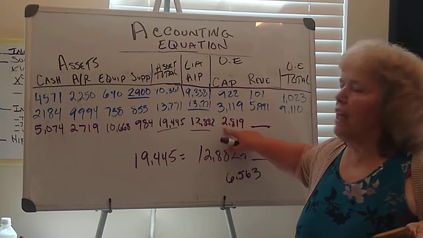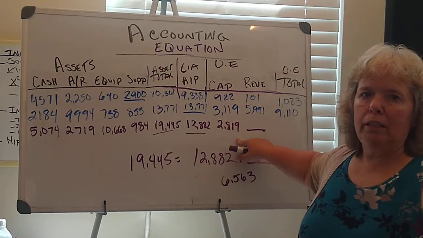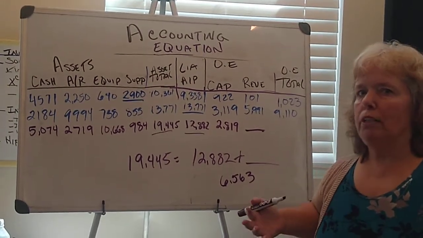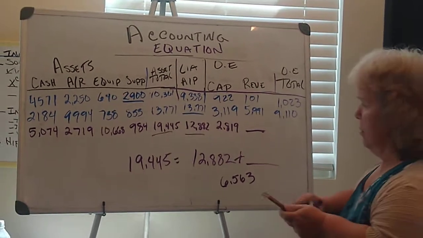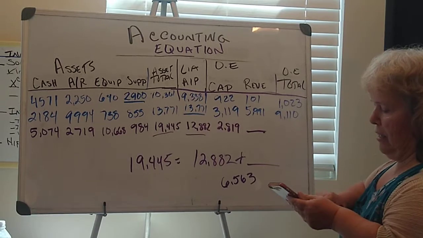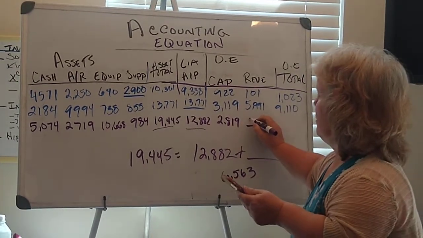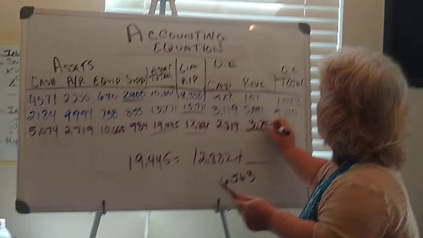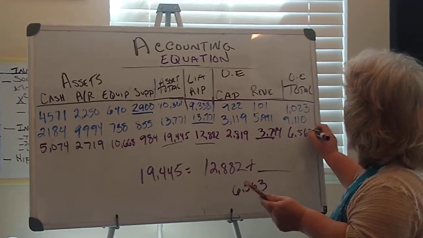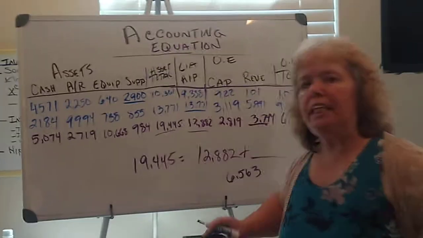But I only have 2,819 of my owner's equity. So I got to figure out how much is missing. So what would I do? Subtract the capital from that. 2,819 equals, so what should be here is the 3,744 to give me the 6,563 total.